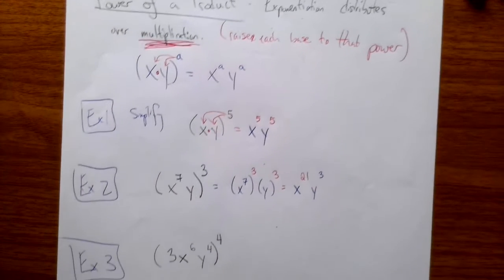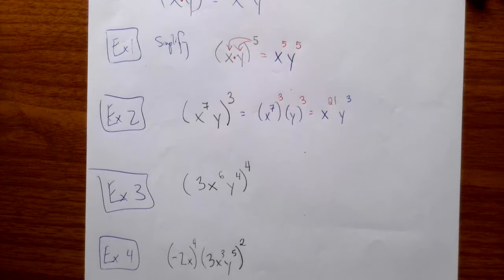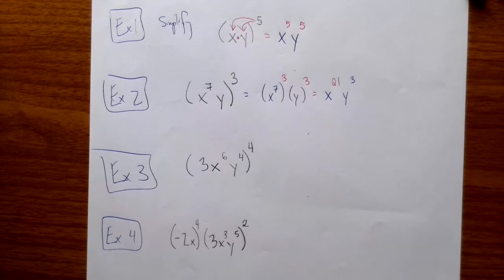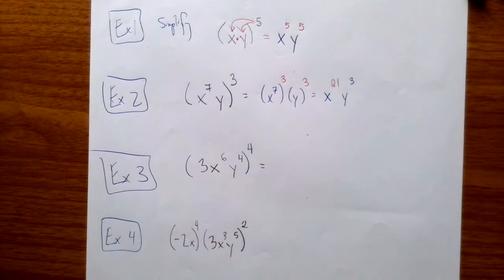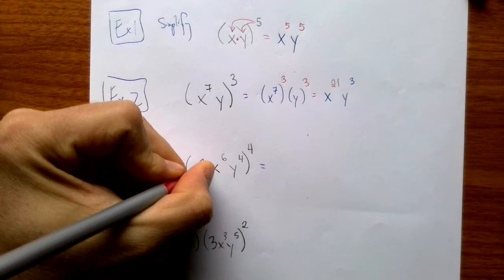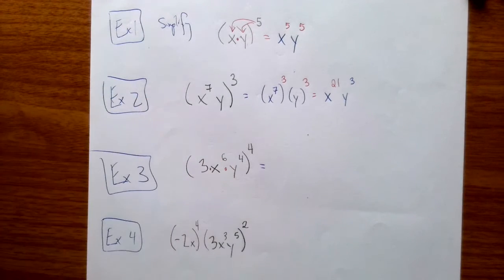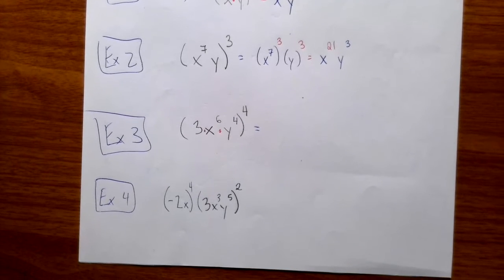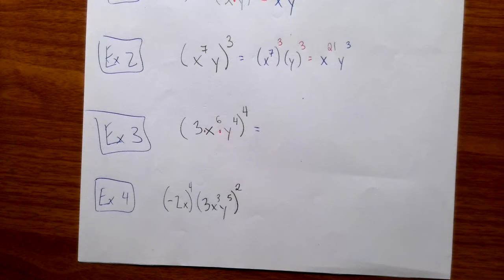We are going to do two last examples where we bring everything together. In this first problem, we have a series of multiplication, 3 times x to the sixth times y to the fourth, and that whole thing is being raised to the power of 4.